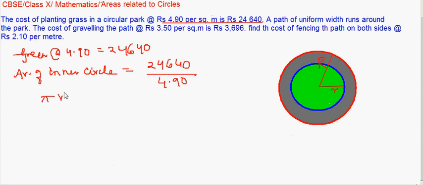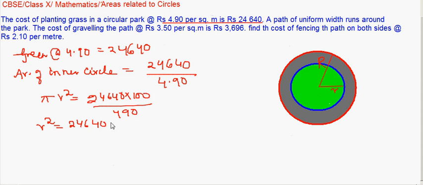That means the area of the inner circle, pi r square, is equal to, now I can remove the decimal by multiplying by 100, 490, and so pi is there. I can just say r square is, if I replace pi with 22 by 7, 24640 into 100 into 7 by 490 into 22, if I move pi to the right side.